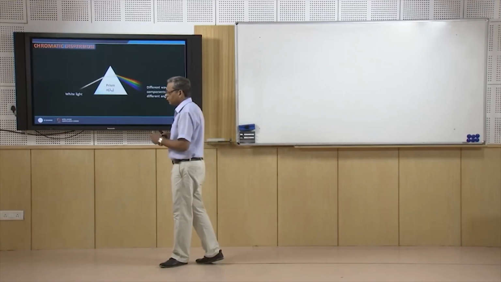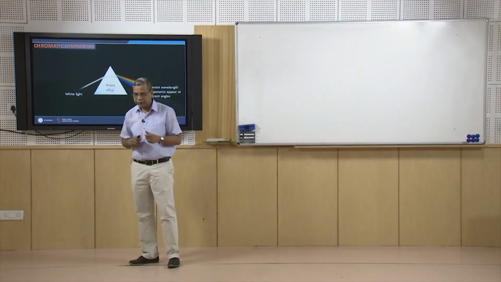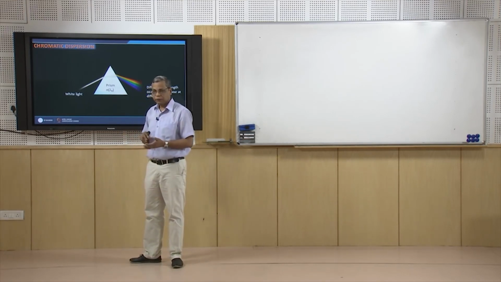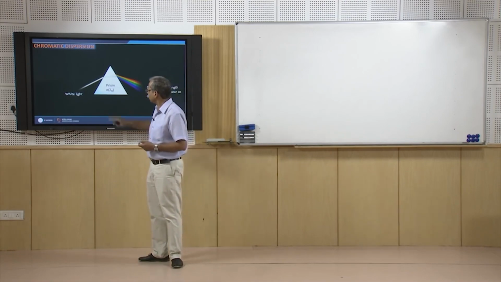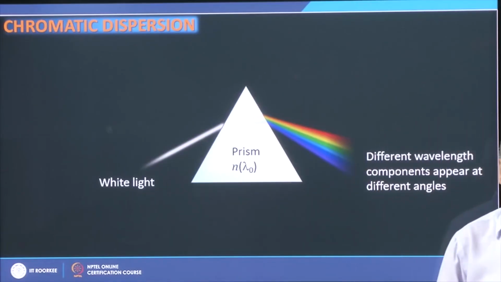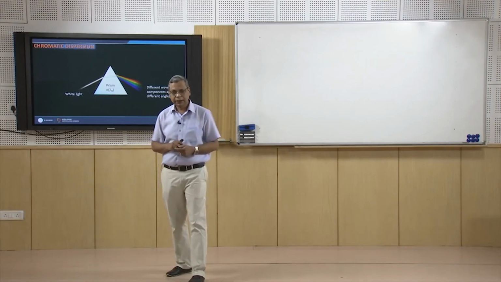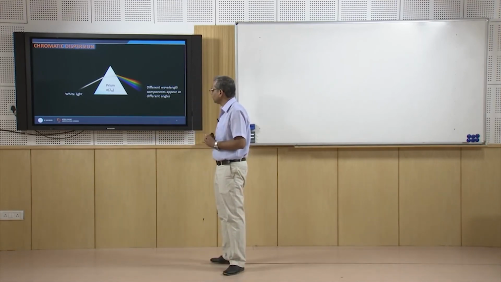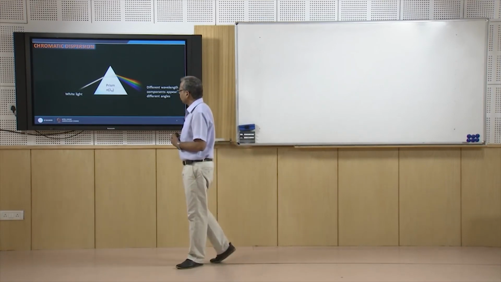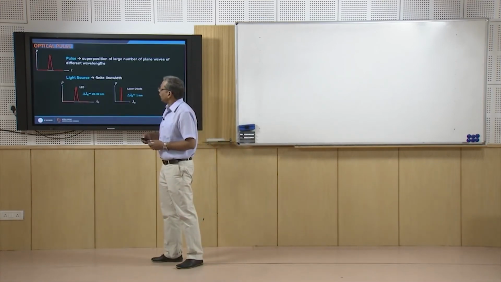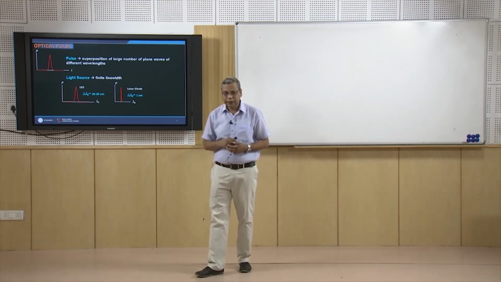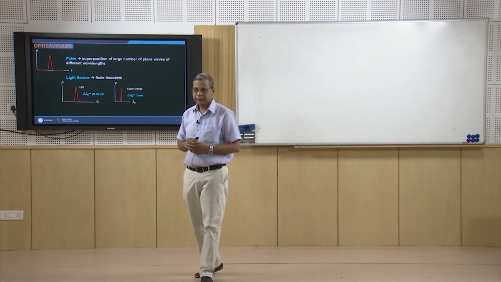Now if I have a fiber made of glass, then the fiber material also has this characteristic. The refractive index of the material at different wavelengths is different. What would be the implication of that? For that, let me first look at how I transmit data in an optical fiber.